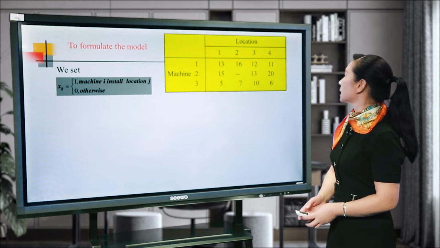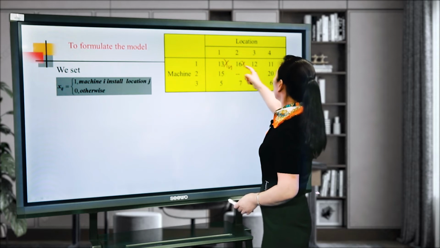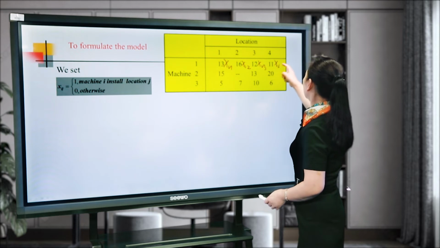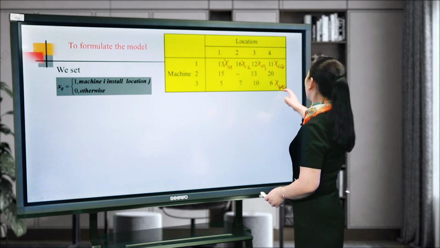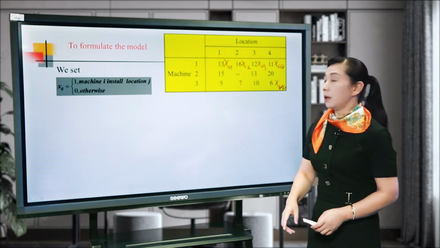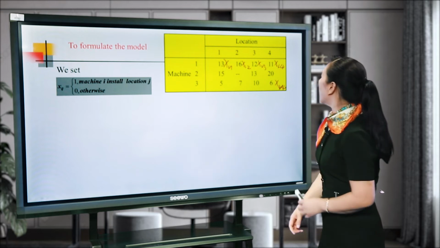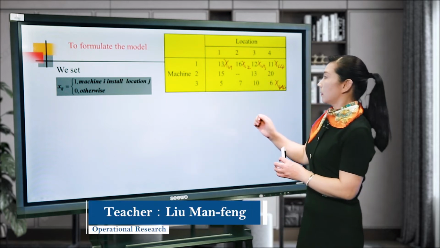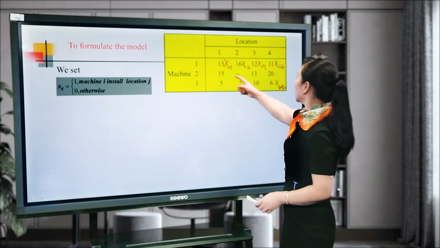We notice that this is x11, x12, x13, x14, and continue to x44. Each xij means that machine i is installed in location j, and this number is the cost when xij equals 1. And we note that there is a bar.